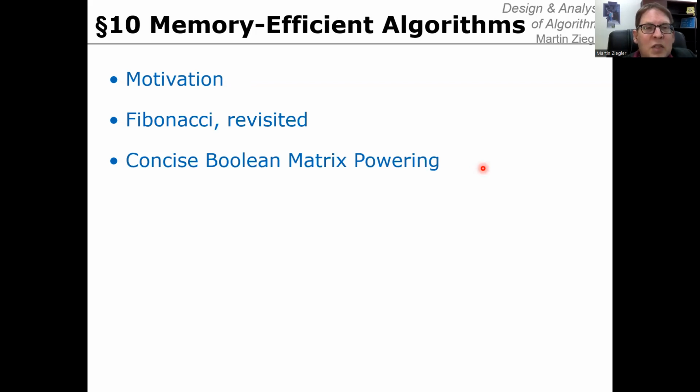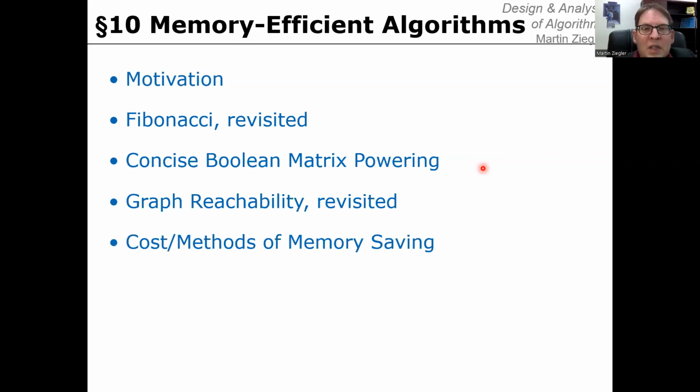We'll devise an algorithm for concise Boolean matrix powering that is very memory efficient, and apply that to the graph reachability problem, comparing its memory use to the classical Dijkstra's algorithm's memory use. We observe that saving memory can become costly in terms of running time.